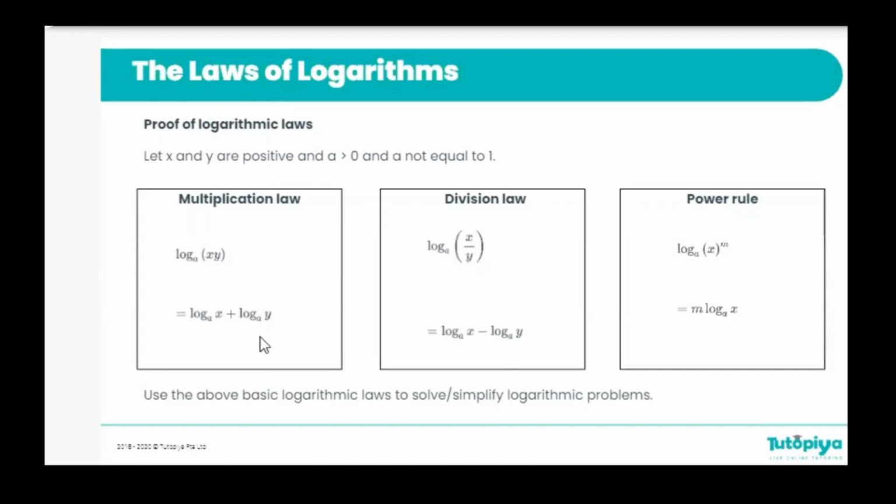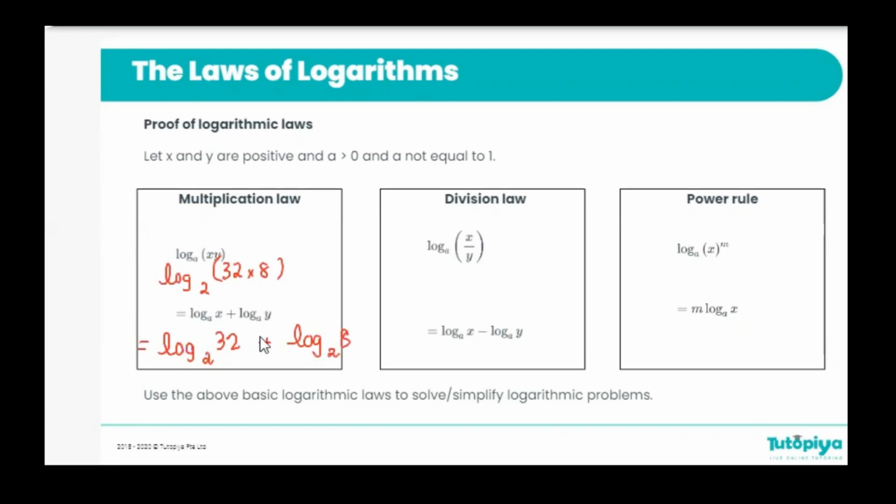So let's replace these with different values. I can say the log of 32 times 8 to the base 2 can also be written as log 32 to the base 2 plus log 8 to the base 2 because of my multiplication law.